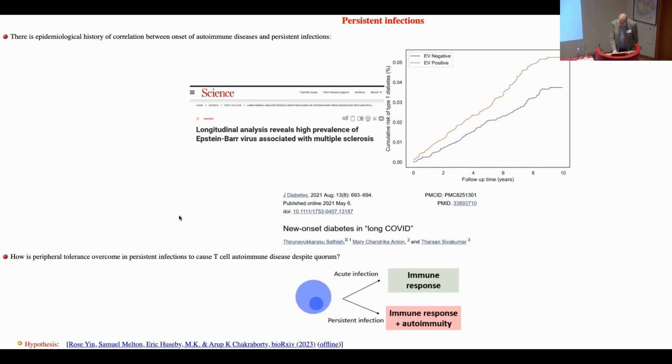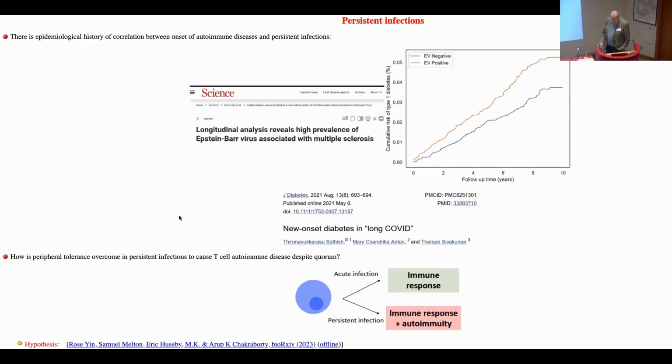So it is, for example, known that there is an Epstein-Barr virus that is connected to occurrence of multiple sclerosis, which is an autoimmune disease.